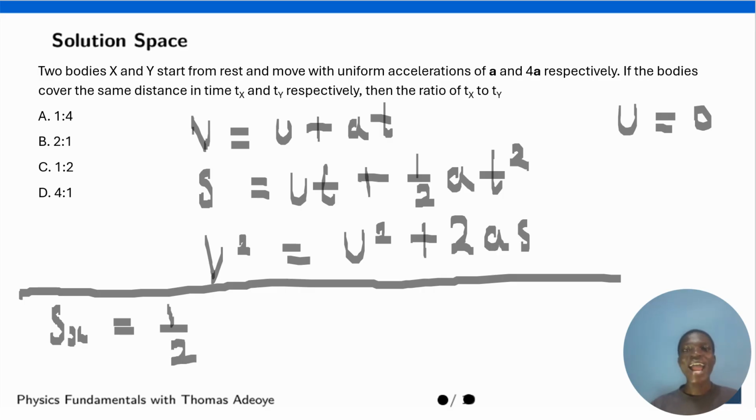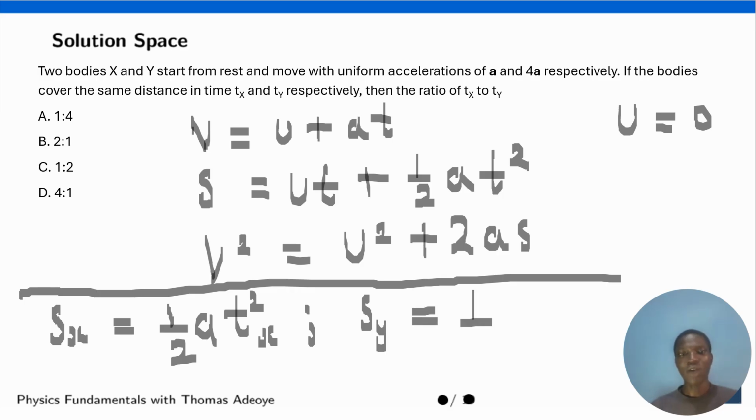For car X, the acceleration is just A, and the time will be Tx squared. Then for car Y, you have Sy equal to U, which is 0 as well, plus 1 over 2. The acceleration for car Y is 4A. So instead of A, we have 4A, and the time will be Ty squared.